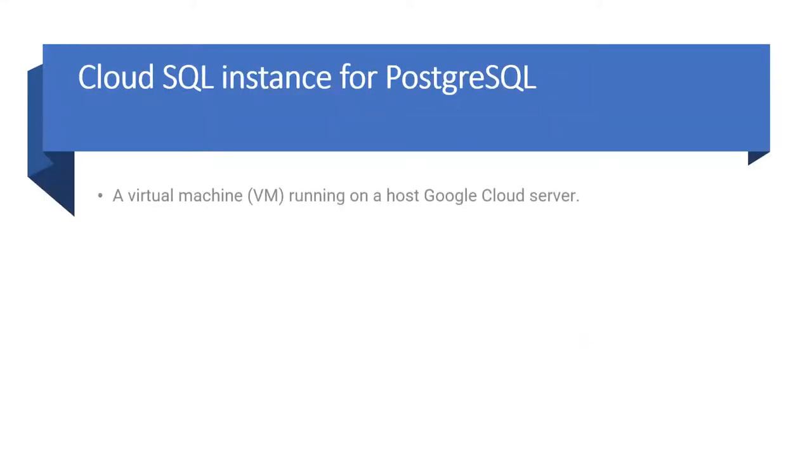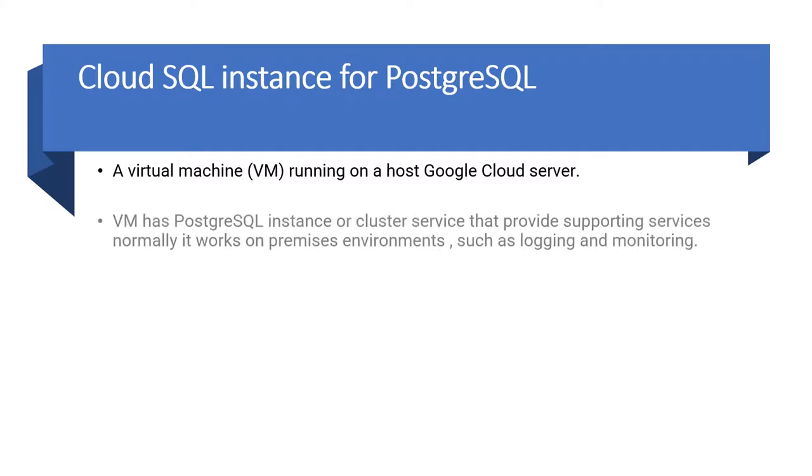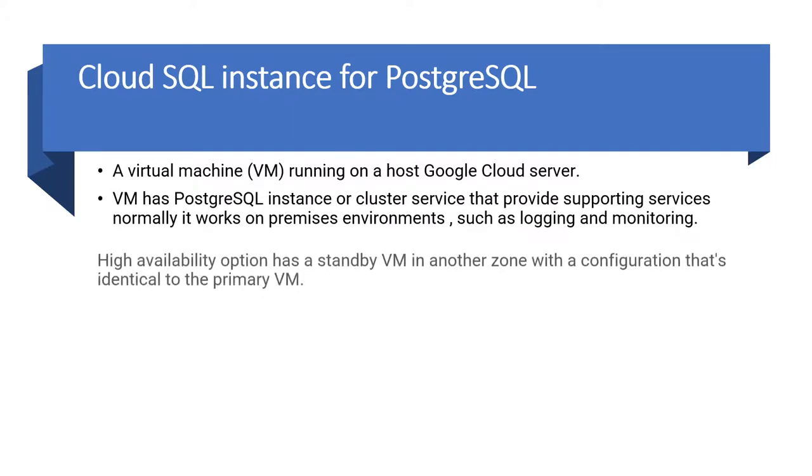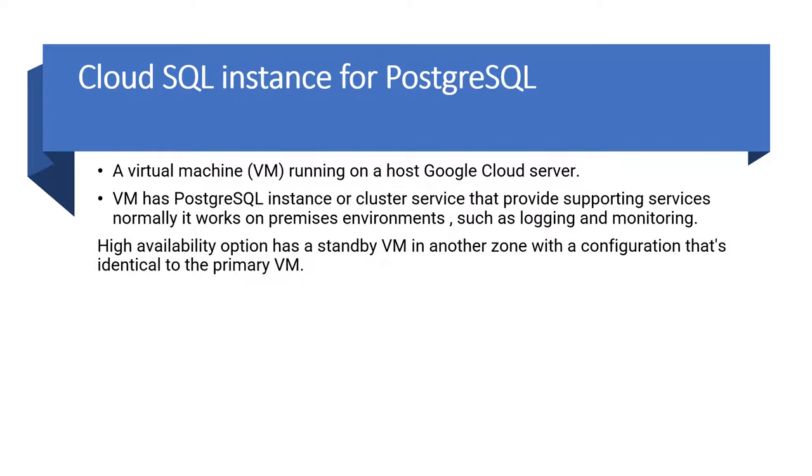So you have almost everything whatever you are looking for in PostgreSQL as a managed instance in Google Cloud. This is something which we have seen in the previous slide as well. When we say a Cloud SQL instance of PostgreSQL, that means it is a managed instance of PostgreSQL in Google Cloud. Behind the scenes, there is a virtual machine running on a Google virtual machine.